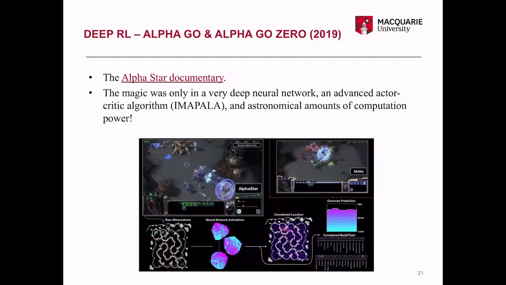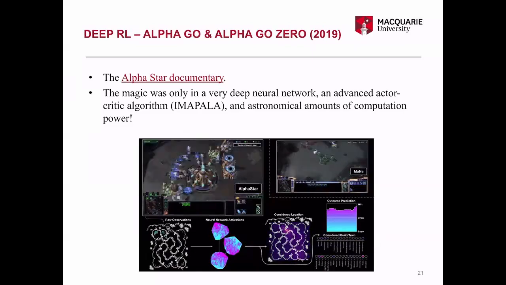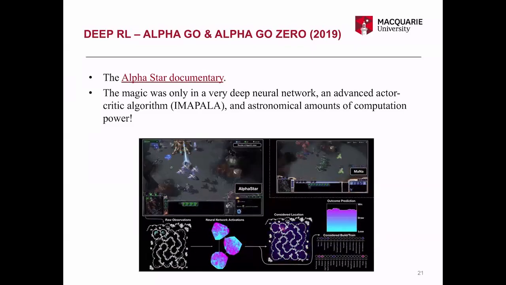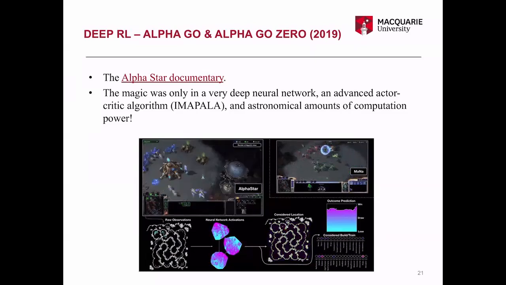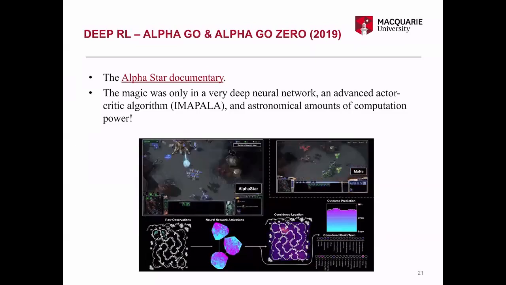And yeah, the third, maybe the final achievement was AlphaStar, and again there is a 5-minute documentary on that. I also provided a link on iLearn, which you can watch. It's not as flashy as AlphaGo and DQN.